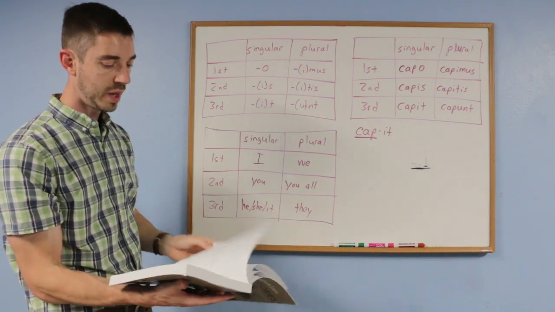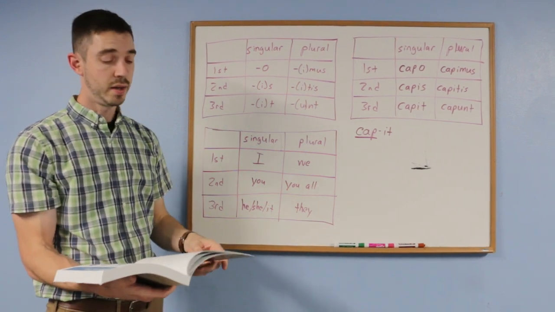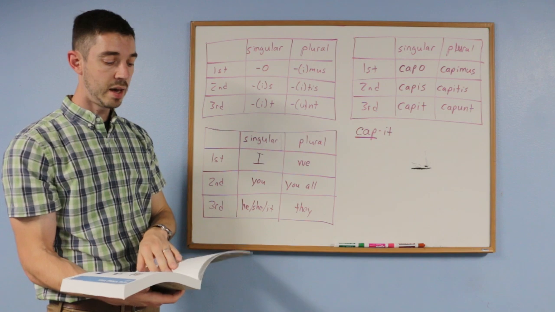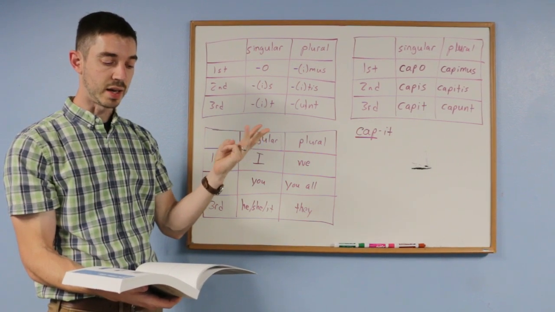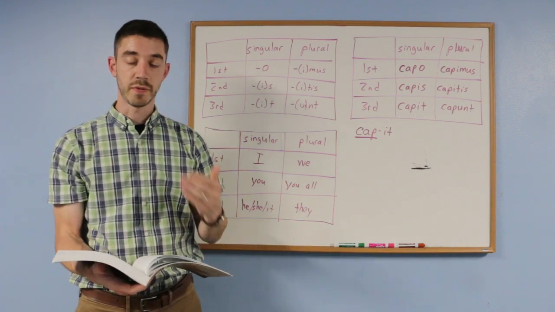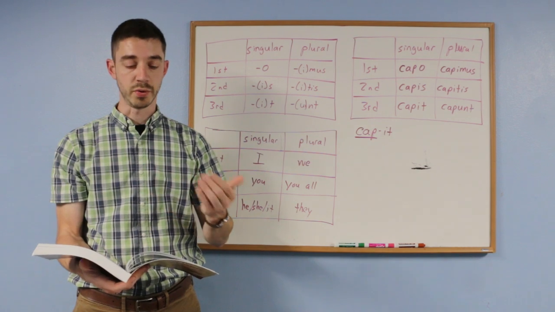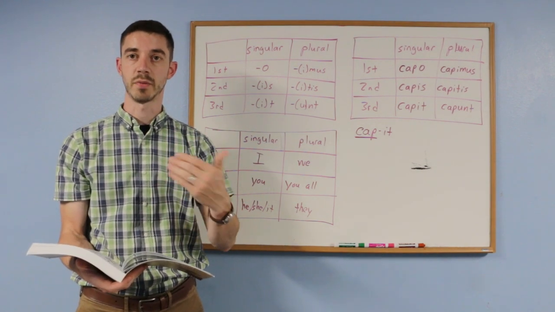All right? And then on page 10, this gets kind of tough, okay? They give you surgimus, dicitis, and cadunt, and they want you to translate those into English. Well, the first thing you need to figure out is what are those words? Well, surgimus, you can see surg, that's from surgit.